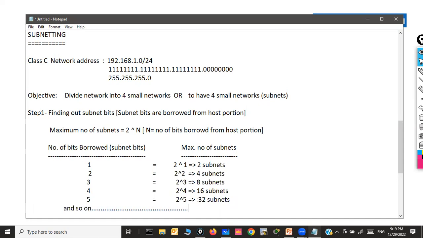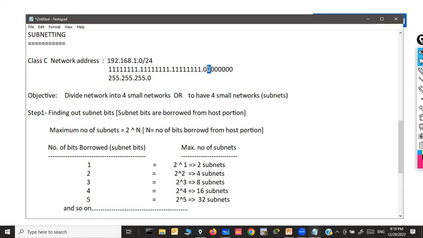So you understand how it is computed. So now, if the objective is to have 4 networks, then yes, we are going to borrow 2 bits.